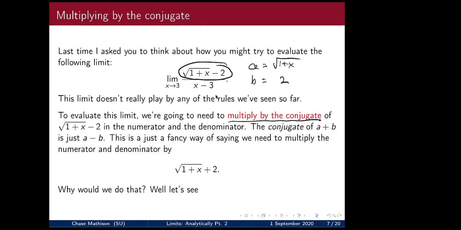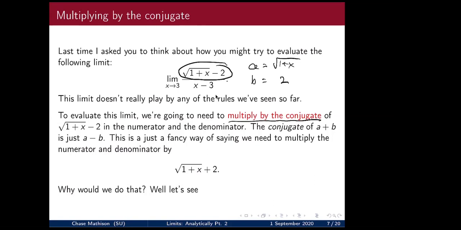But the idea is that is a minus b. So if I multiply it by a plus b, then when I do that multiplication, I'll get a squared minus b squared, right? Just like in the previous slide. But then that square will get rid of the square root.